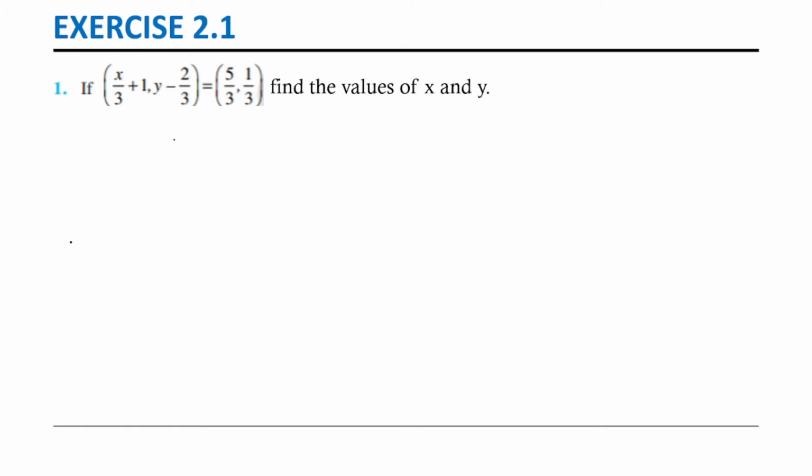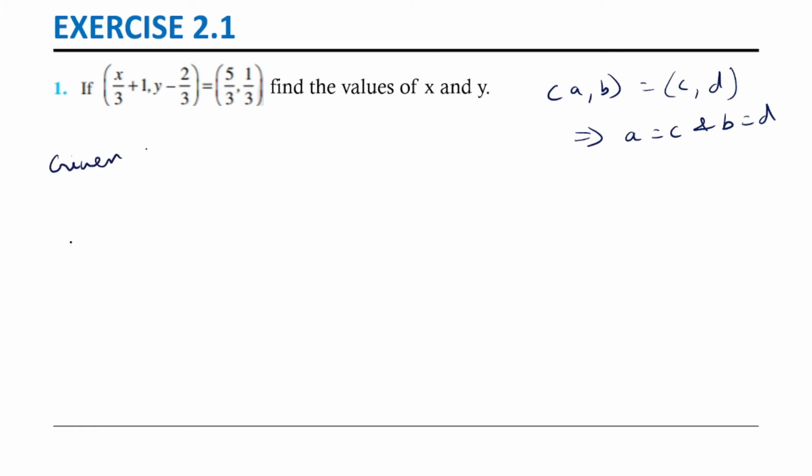So we just now saw if the ordered pair A comma B is equal to C comma D, then this implies A equal to C and B equal to D.